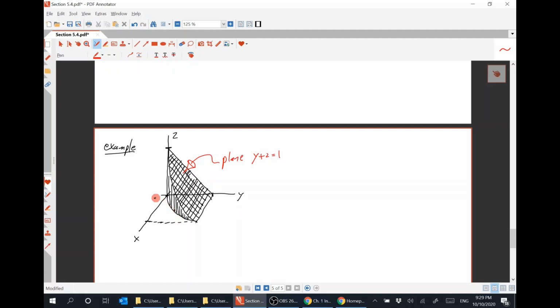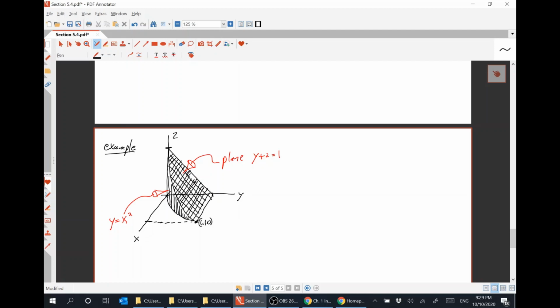And on the side here, this is the parabolic sheet y equals x squared. And right here is the point (1, 1, 0). And of course, this is the yz-plane that this sort of heel-shaped thing is butting up against.